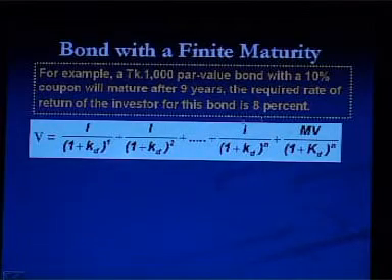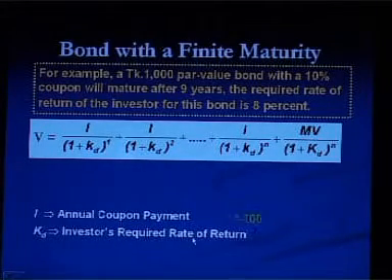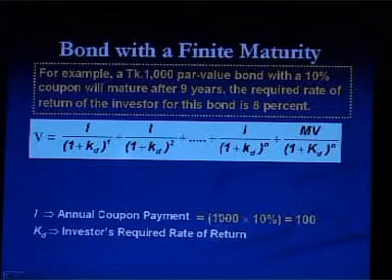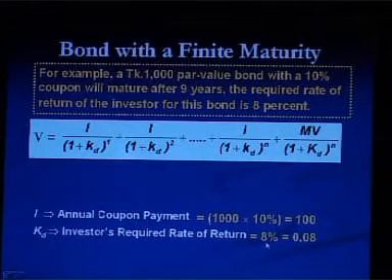Now we can use the same formula for calculating the value, where I is the annual coupon payment and KD is the investor's required rate of return. As the face value of the bond is taka 1000 and coupon was 10%, so the annual coupon payment will be taka 100 and required rate of return will be 8% or 0.08.